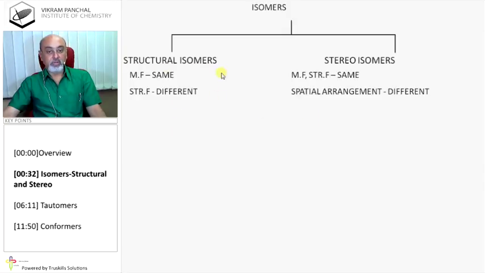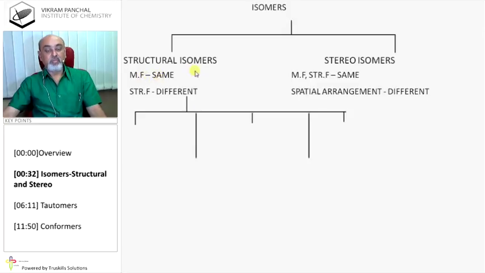First of all, we will see structural isomers. There are mainly 5 types of structural isomers. One, which is known as chain isomer or skeletal isomer. When you take normal, iso and neo of any compounds, they are known as chain isomers.